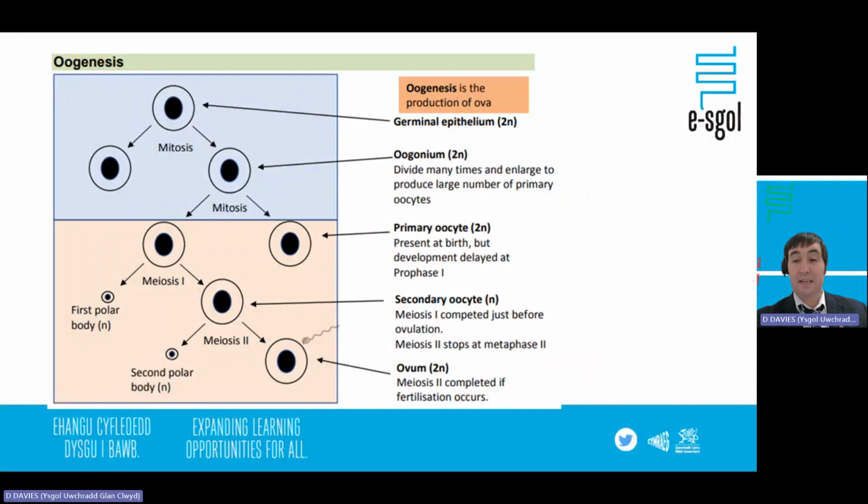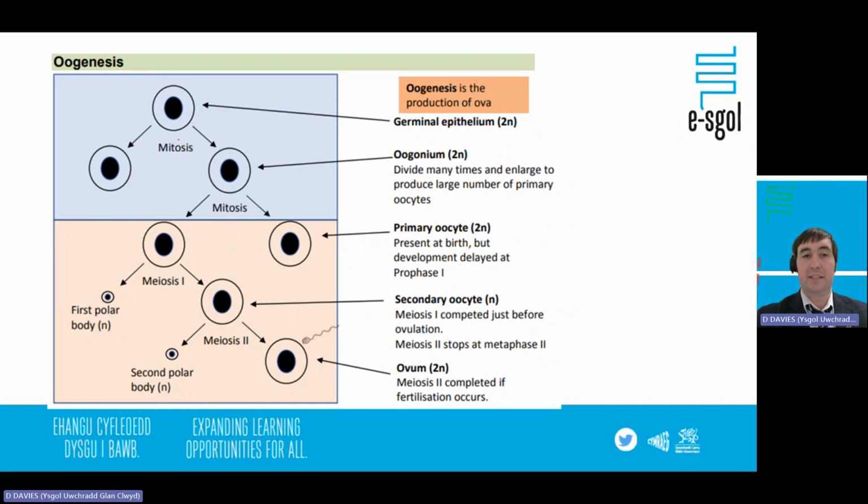Then there's a second polar body, which deteriorates, but that leaves me with an ovum. The secondary oocyte is haploid, but the ovum, once fertilized, will regain the diploid number. So, some similarities, some differences.